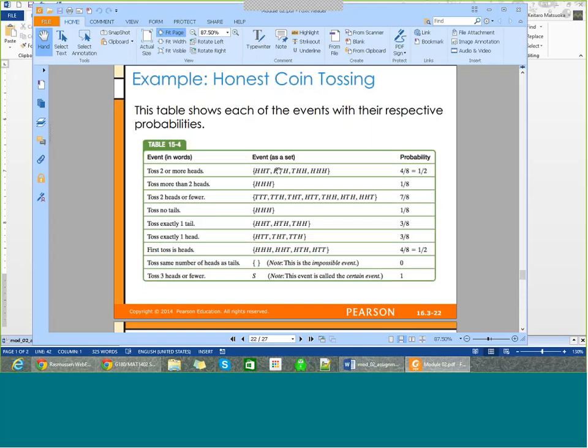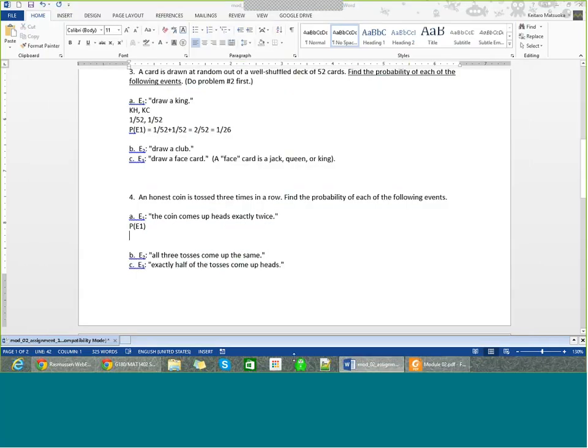So I know for each event, the probability is 1 out of 8. It could happen as HHT, HTH, or THH. And I know each chance is 1 out of 8, 1 out of 8, and 1 out of 8. You just add them up.